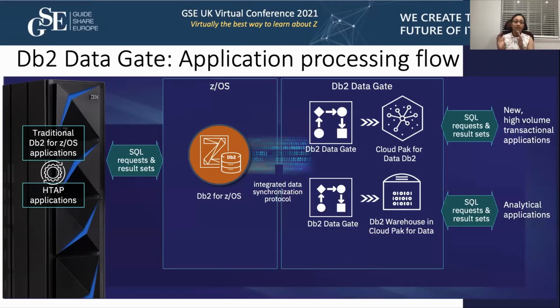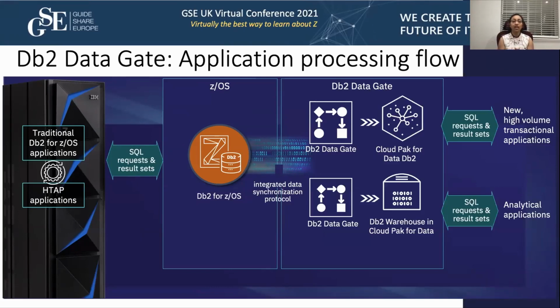Now, where Datagate comes into the picture, we also see this piece called Integrated Data Synchronization Protocol right in between. And that one is the secret sauce to the whole mix here.